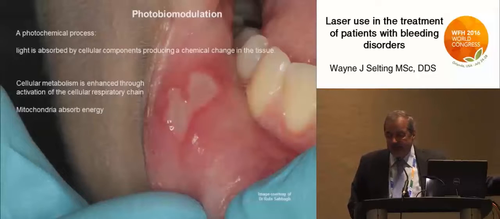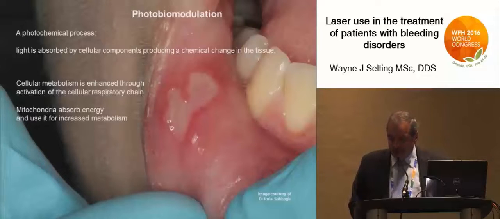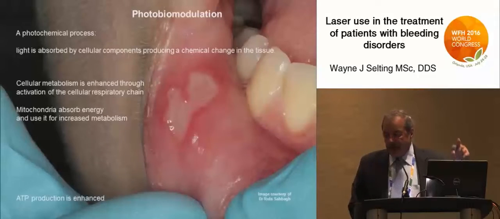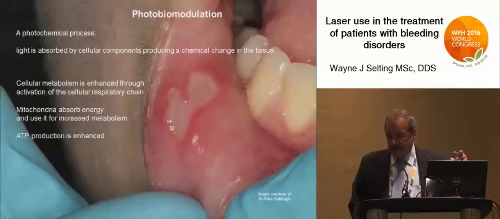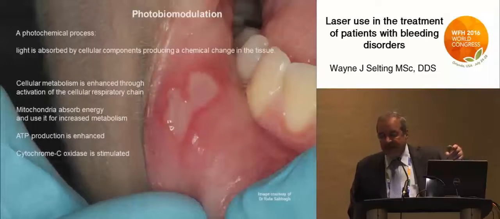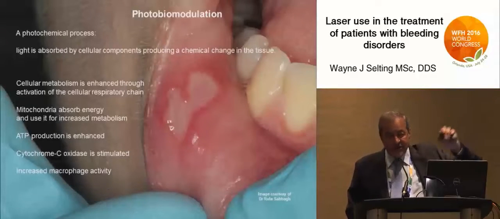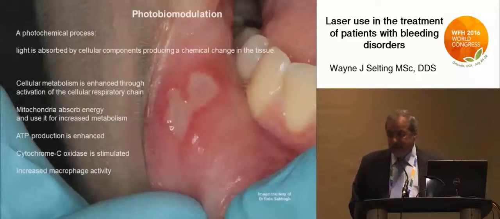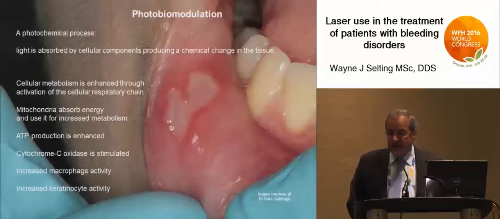Mitochondria absorb the energy and they use it to increase the metabolism of each one of those cells. ATP production is enhanced. Cytochrome C oxidase is stimulated. Increased macrophage activity, so you start eating up all this dead tissue a lot faster. Increased keratinocyte activity, so you start developing new tissue faster. Every one of these is an awful good thing.